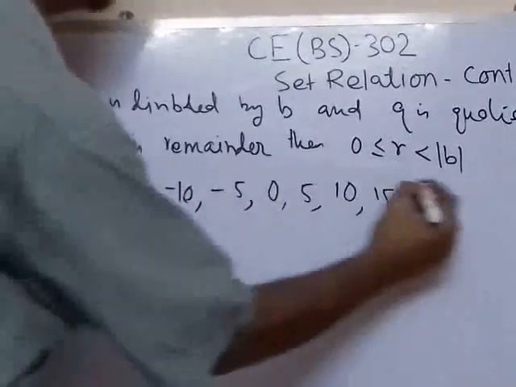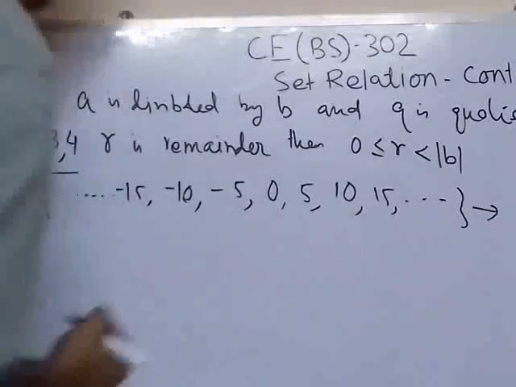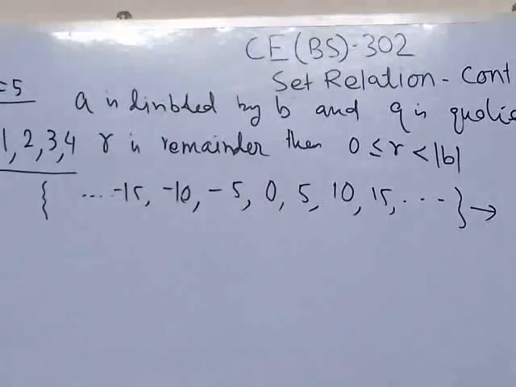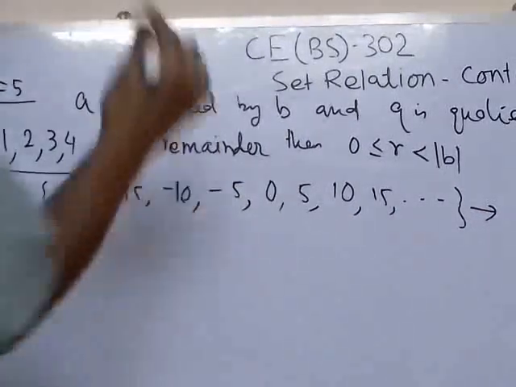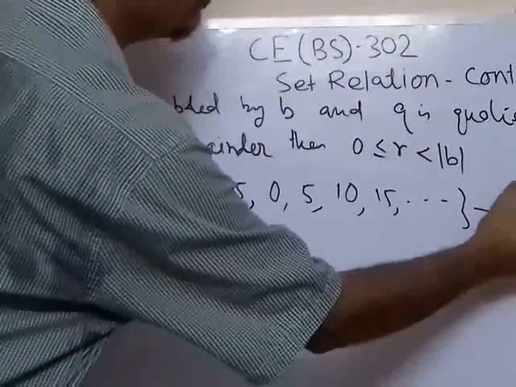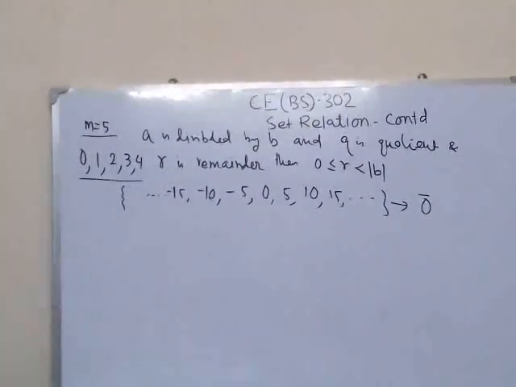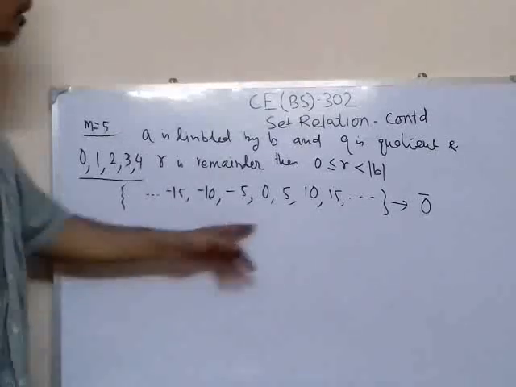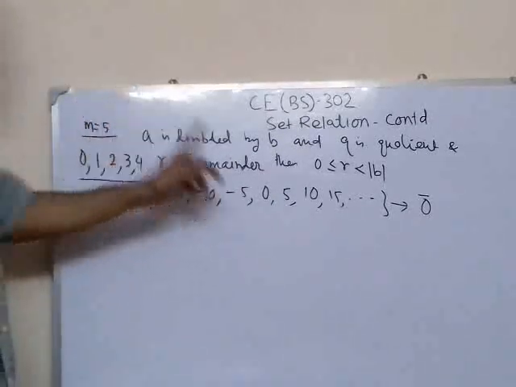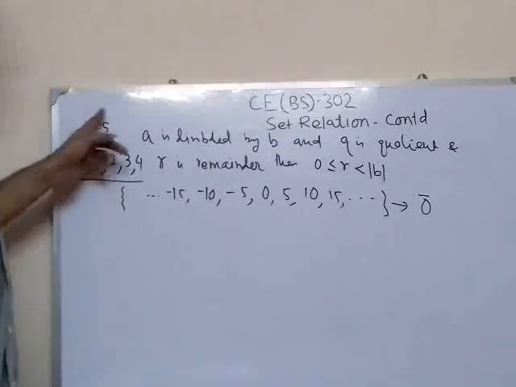It will continue. So these are the integers. Let us call it a class, and the class is denoted by 0 bar. So 0 bar is the class of integers which contains all the integers which are divisible and produce 0 remainder when divided by m.